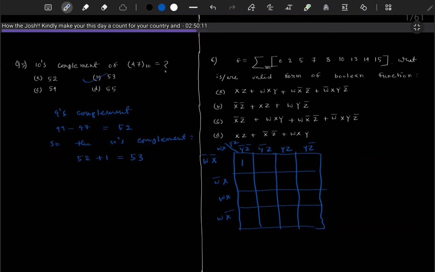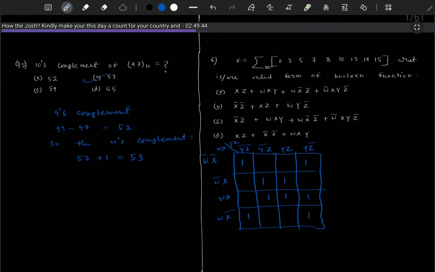Now 0, then 2, then 5, 7, 8, 10, then 11, 12, 13, 14, and then it is 15.